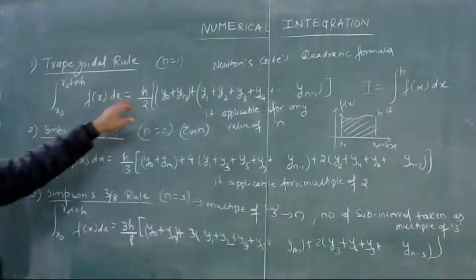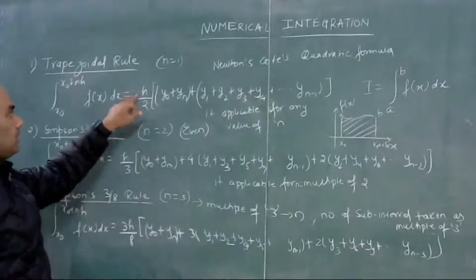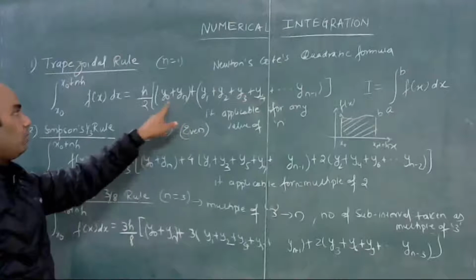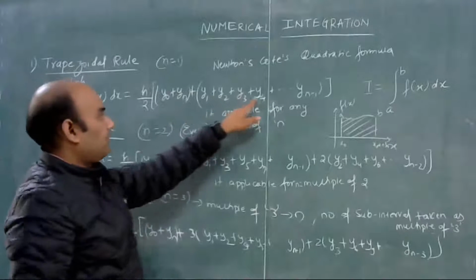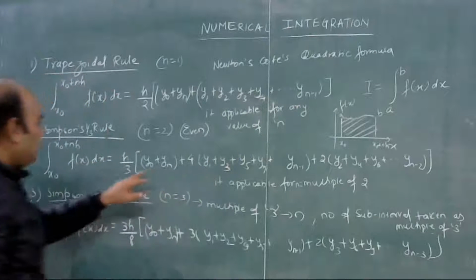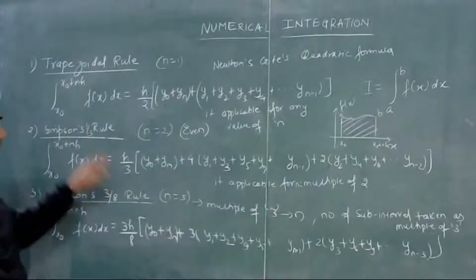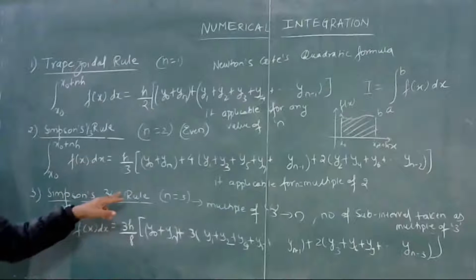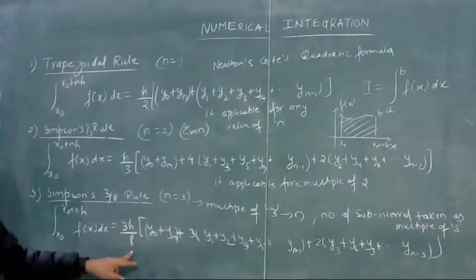So it is h by 2, where h is the small interval. y naught plus the last value of y, plus y1 plus y2 plus y3 and the rest of the values. And when we use Simpson's one-third, it is h/3. When Simpson's 3/8 rule is used, it is 3h/8.